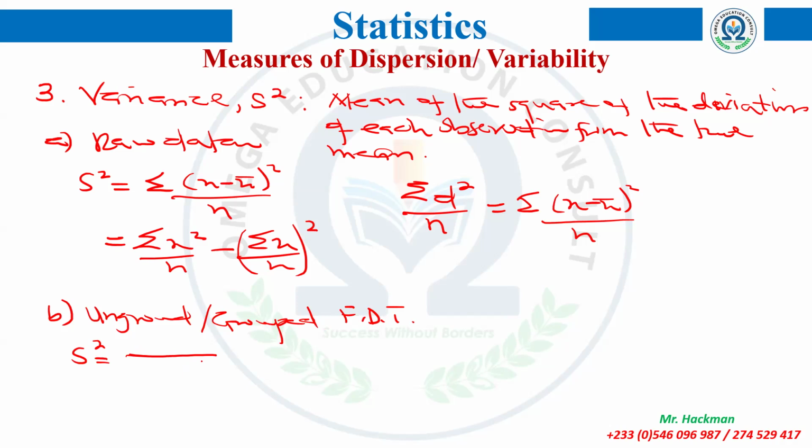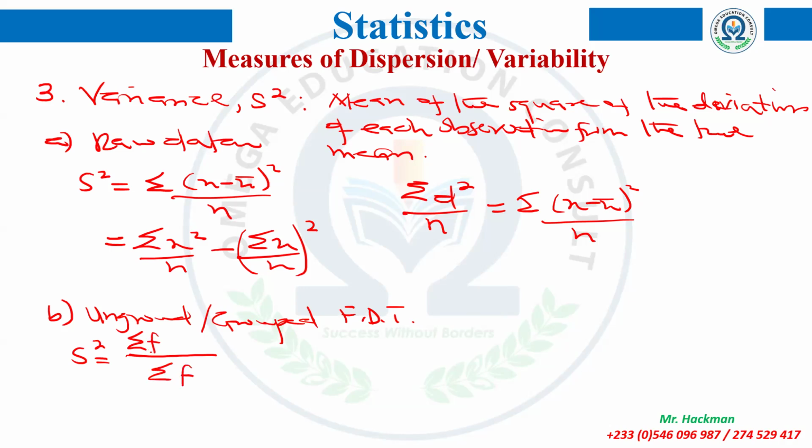Sigma fx over sigma f. Let's come to the denominator first, that's easy. So you write sigma f as the denominator here.